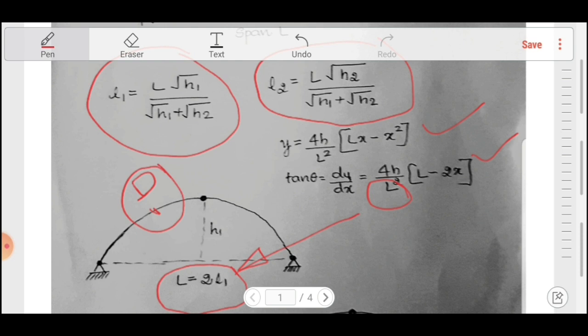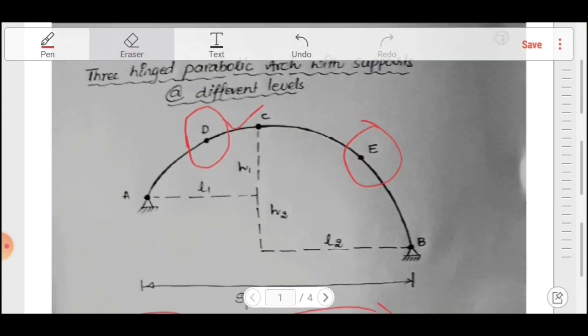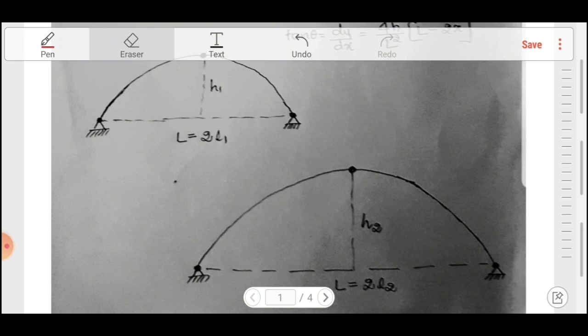Okay, if you are going to calculate that at point E, then you need to consider this particular arch, where the span of the arch is L, which is equal to 2 times L2.